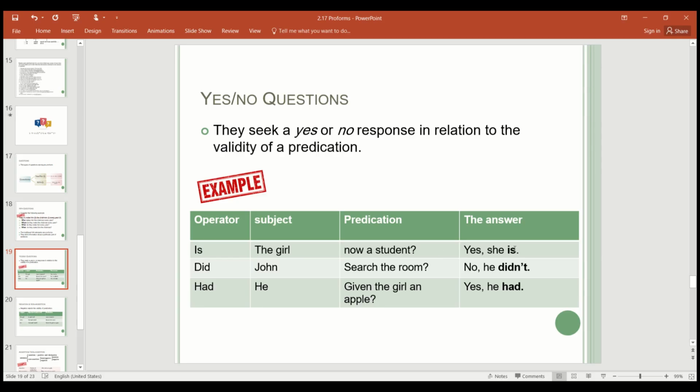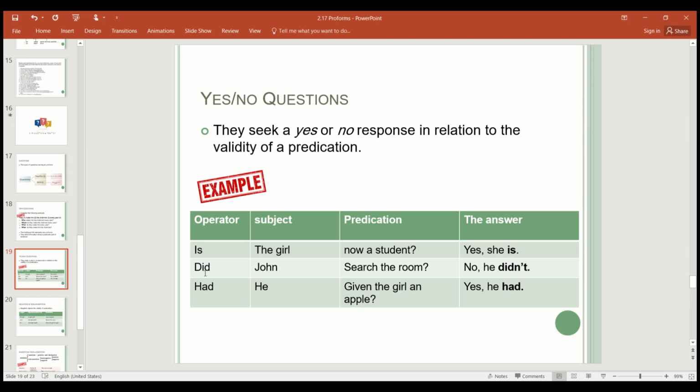So instead of repeating the same form of the question and providing only redundant information, we would just omit the repeated part and replace it only with the operator is. So instead of saying yes, she is now a student, the predication in the answer is omitted.